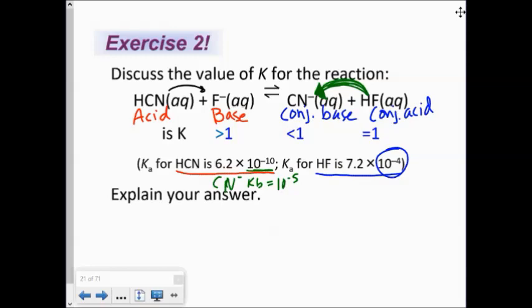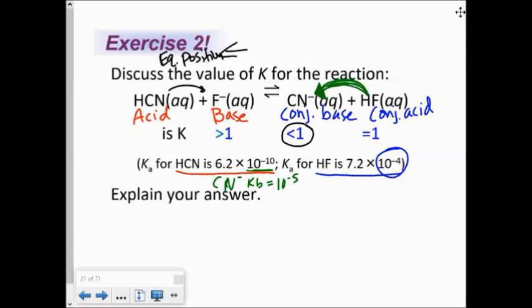Over here on the left-hand side. So what does that tell us about our K value? It should be less than 1, because the equilibrium position for this particular reaction is going to lie on the left-hand side.